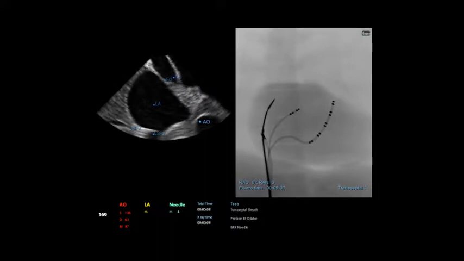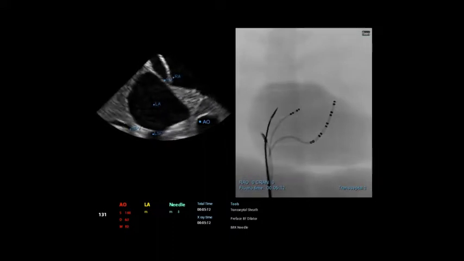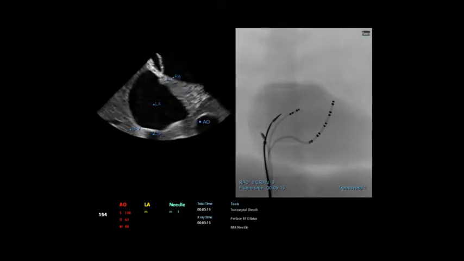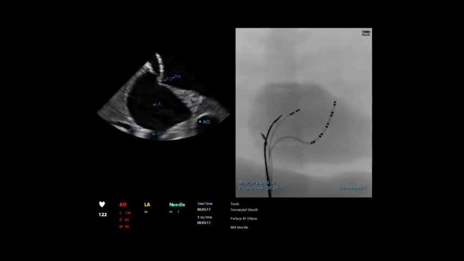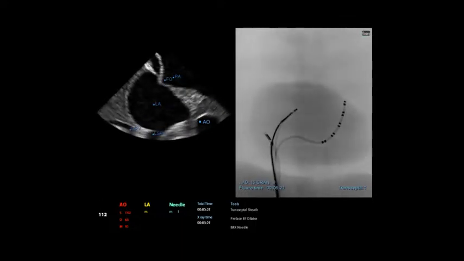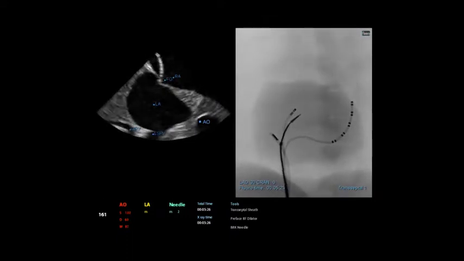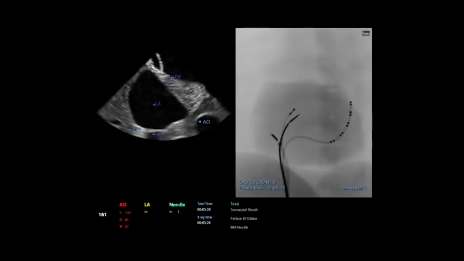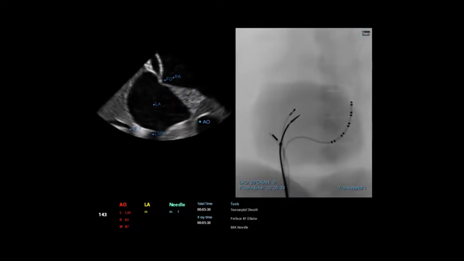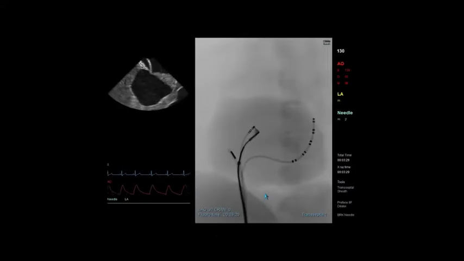You see here in the ICE picture that very slowly the center of the fossa ovalis is engaged. So we might check this position also by injecting a little bit of dye through the lumen of the needle. You will see here that something should appear. Okay, you see here a nice staining.